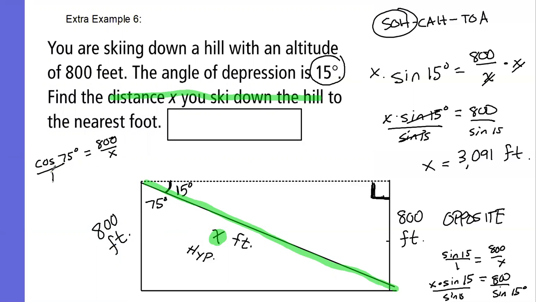So here, I'll do the cross products in the proportion way. Cross multiplying, I have x times the cosine of 75 equals 800. Divide both sides by the cosine of 75. And 800 divided by the cosine of 75 should take me right back to this 3091 feet.